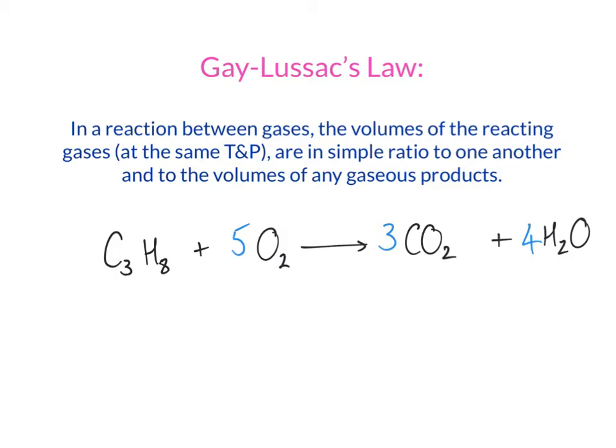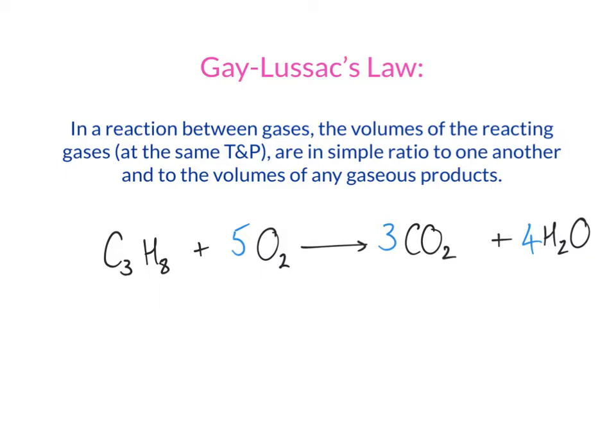So if we have the same number of moles of a gas, it will occupy the same volume. Therefore, if we can read a balanced symbol equation in terms of the mole ratio, and if the number of moles is proportional to the volume of gas in a reaction that involves gases, then we can interpret this balanced symbol equation in terms of volumes as well.